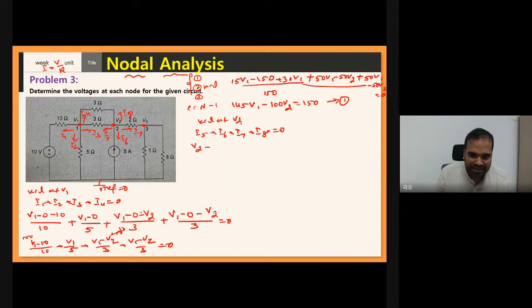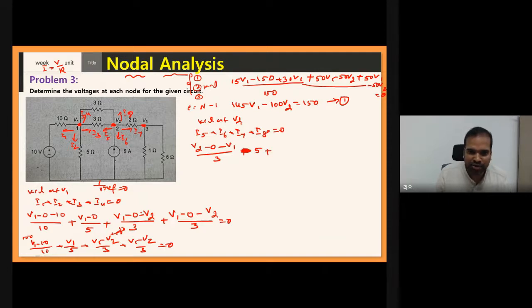Now what is I5 here? V2, with reference to 0, minus the other side of this 3 ohm, V1 is connected, so V1 by 3. Plus I6 means what? This current source. Now your assumed current direction is opposite to the current source direction. Therefore, you will write minus, not plus, minus 5.